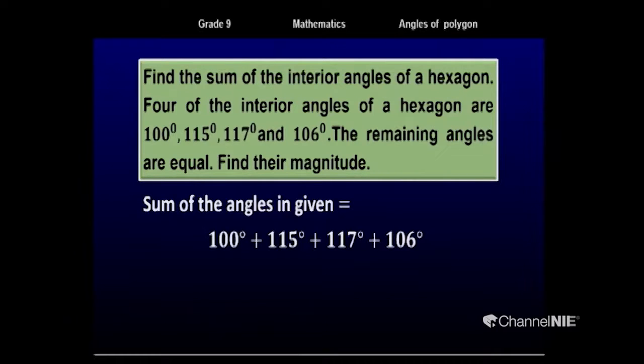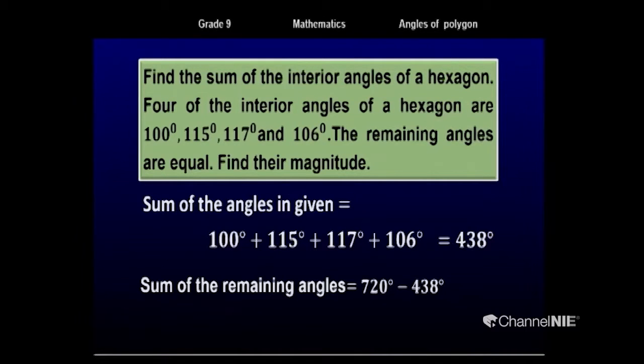What is the value? Now the sum of the remaining angles equals the total value 720 degrees minus 438 degrees. Then what is the value? 282 degrees. This value is equal to the remaining angles, but those are equal.